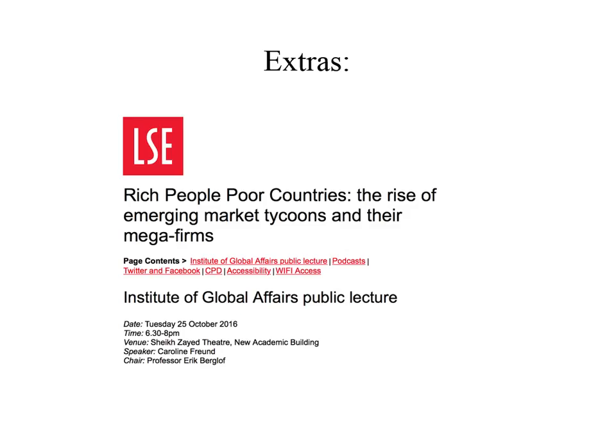So one of the things you can do is, there's an interesting event at LSE today at 6:30. It's about rich people in poor countries, the emerging tycoons. It talks about who these billionaires in countries like China, Russia, Brazil are, and basically what their background is.